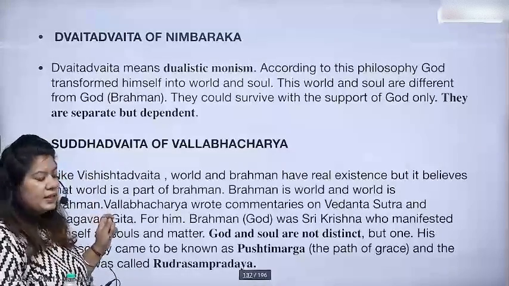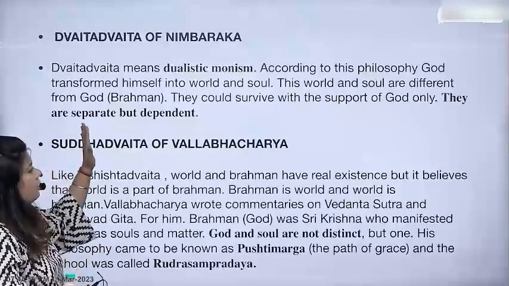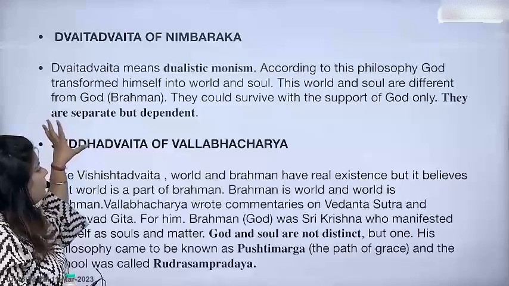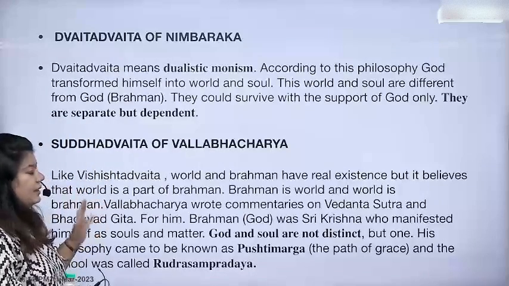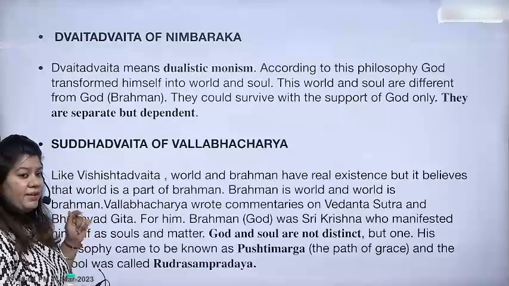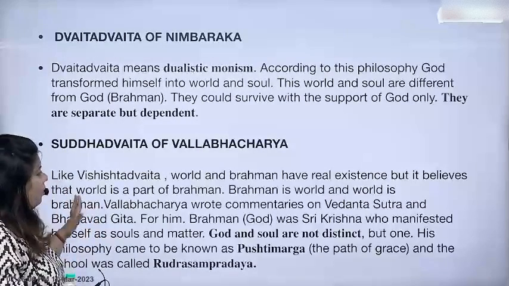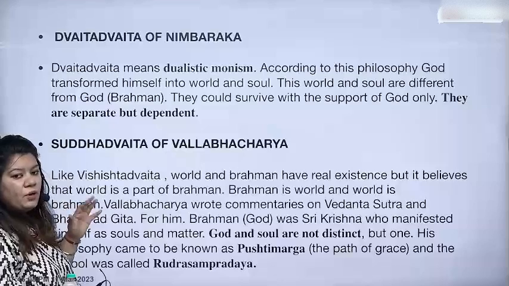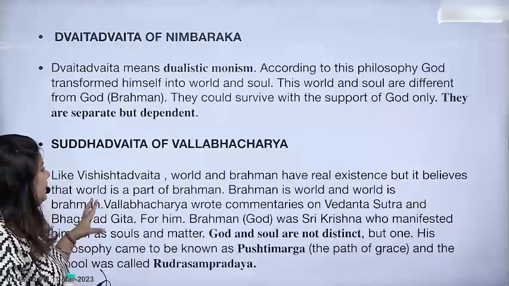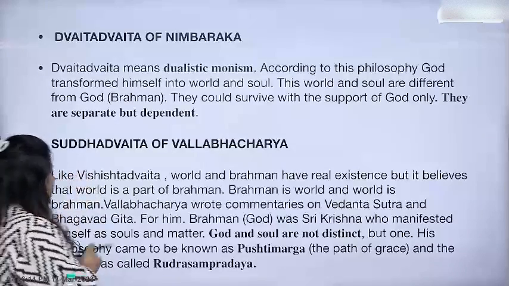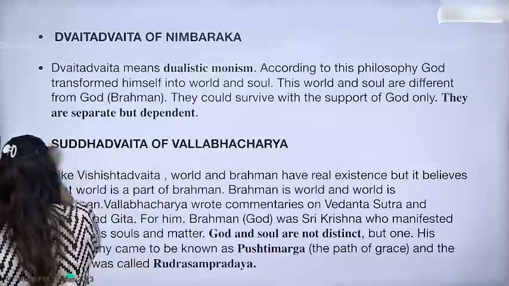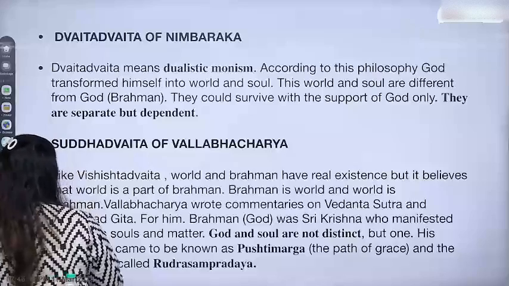Dvait. It is dualistic monism. What does it say? It says that God has transformed himself into world and soul. World and soul are different from God. They could survive with the support of God only. They are separate but dependent. I'll show you the Venn diagram for this so that you can understand.